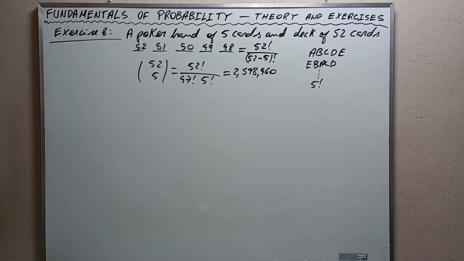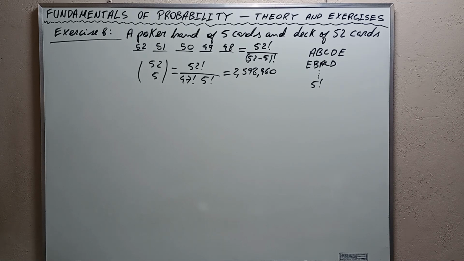This is the probability that we are assessing. And this is the second part of the problem. The first part is to understand the sample space. The second part is to understand the event.